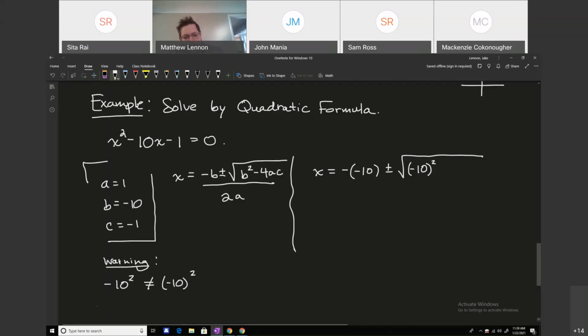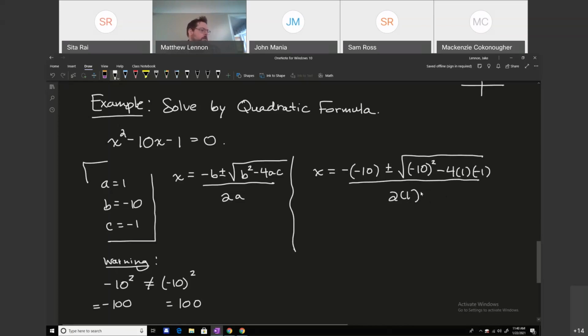This one is actually equal to negative 100, whereas this one is equal to positive 100. So if you forget the parentheses, you're going to be off by quite a bit in your answer. So we have that b squared minus 4 times our a times our c, which is negative 1, with everything being divided by 2 times 1.